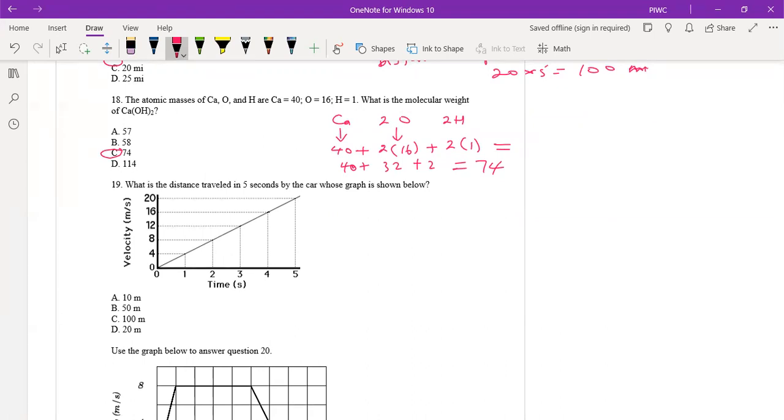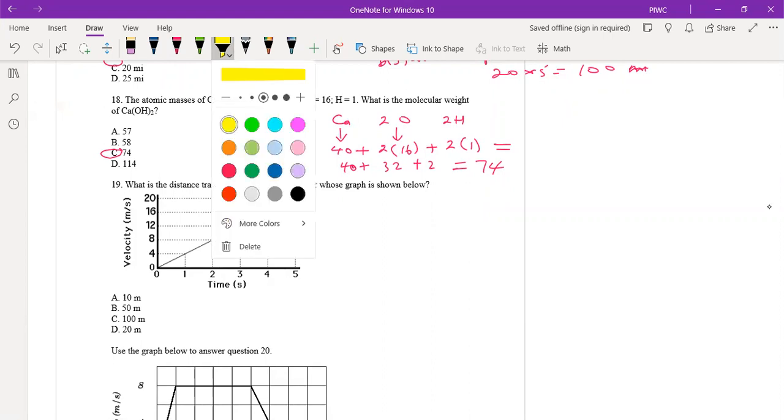What's the distance traveled in 5 seconds by the car whose graph is shown below? So you're looking at distance traveled in 5 seconds. In other words, you're looking up to here. From here, the area, remember distance is the area under the line when you have velocity and time. Okay, it is the area under the velocity-time graph.